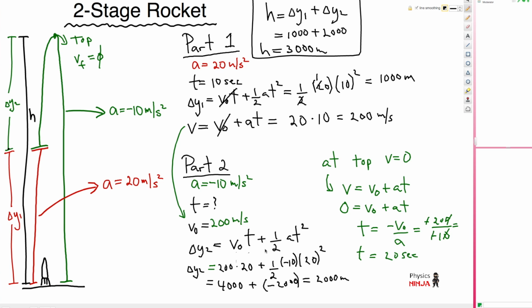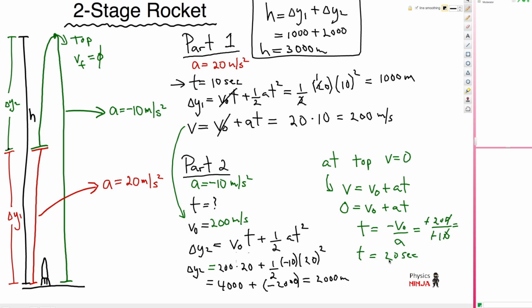Okay, great. So the second part of the question was, what's the total time for the rocket to go all the way up and then to come back down to the ground? So actually, in this part of the problem, we already know how much time it took to go all the way up. For part number 1, that was given in the problem statement. We had 10 seconds initially.